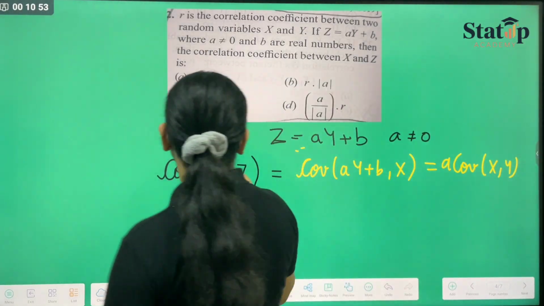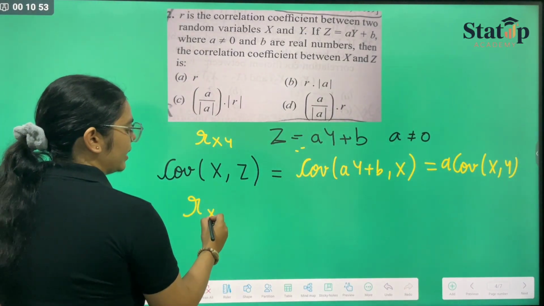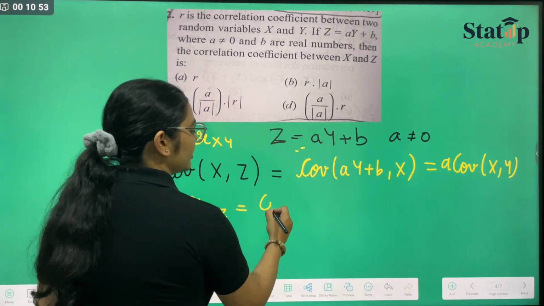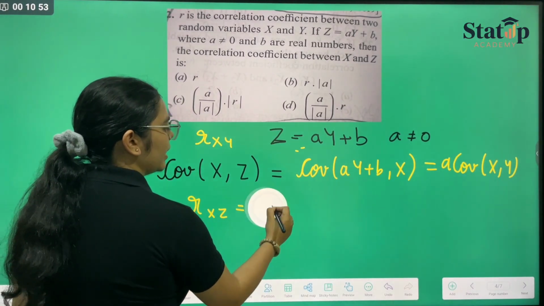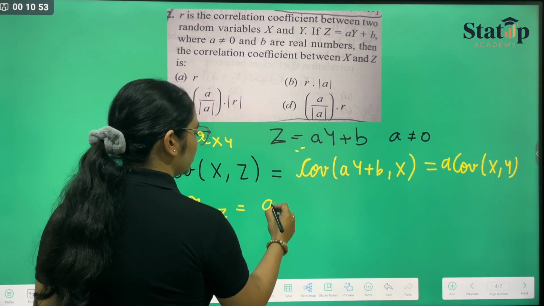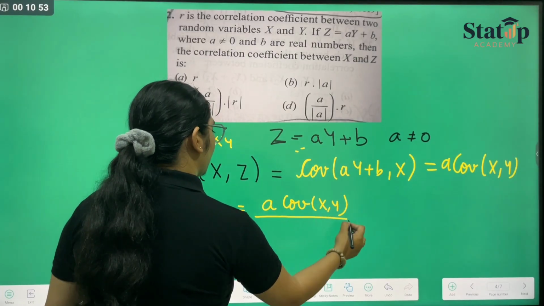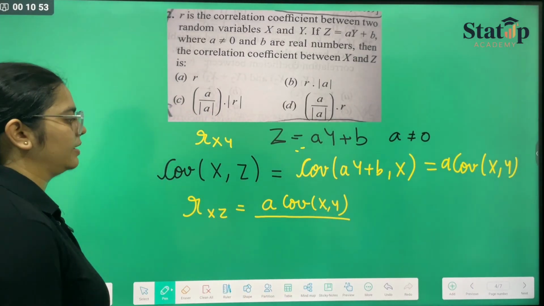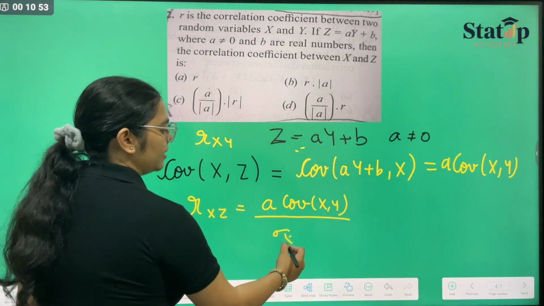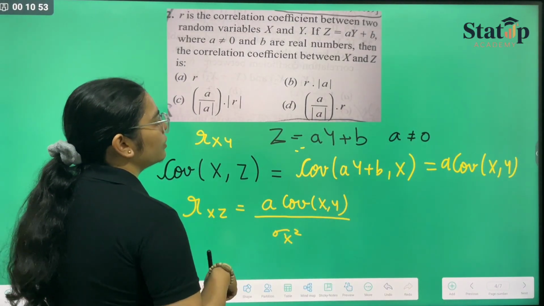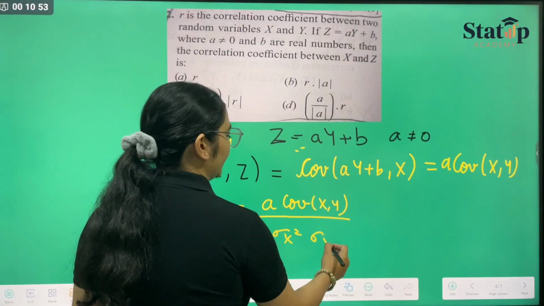Now we just have to find R x z, which is a into covariance between x and y upon under root of variance of x, which is sigma x square, and under root of variance of z, which is sigma z square.